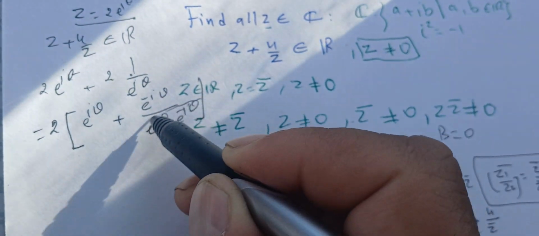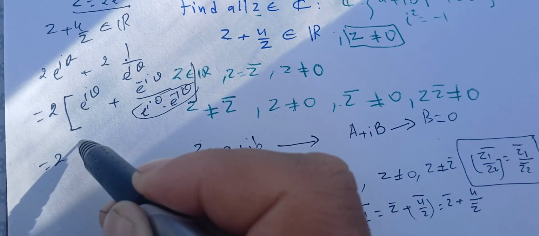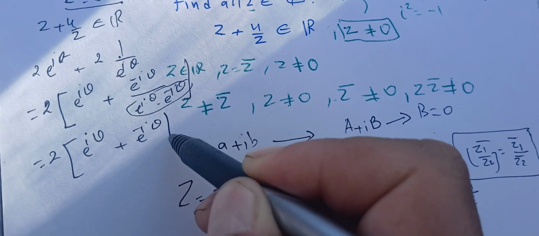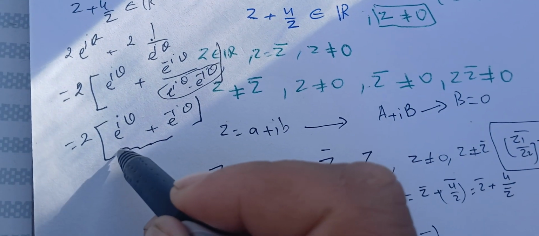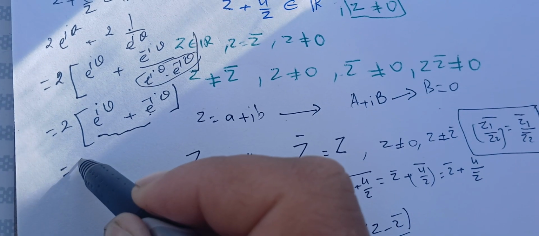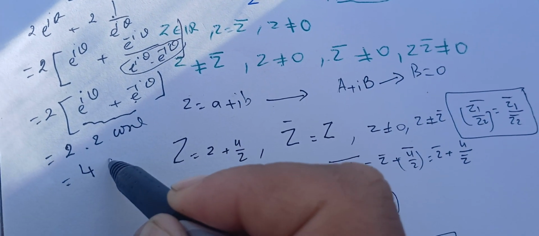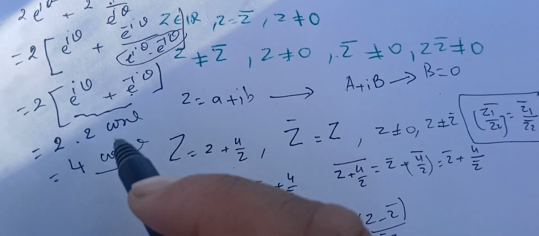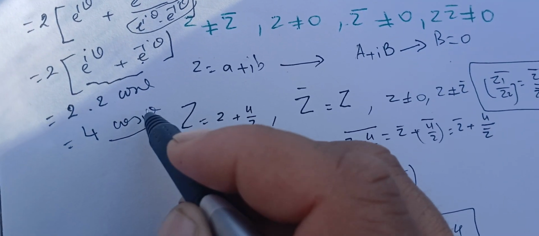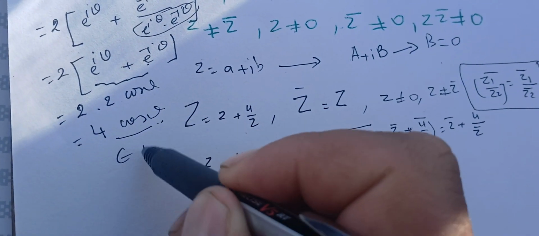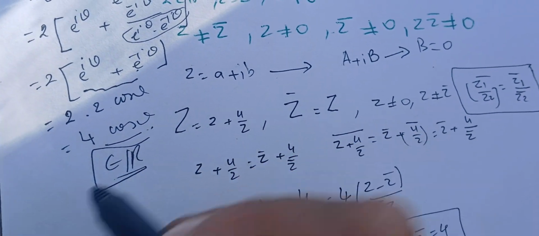So this is just 1. So I have 2 times e^{i theta} plus e^{-i theta}. But this is just what? This is just 2 cosine theta. That means this is 4 cosine theta. And this is always real since theta is in R. So this is in R. So I checked that this works.